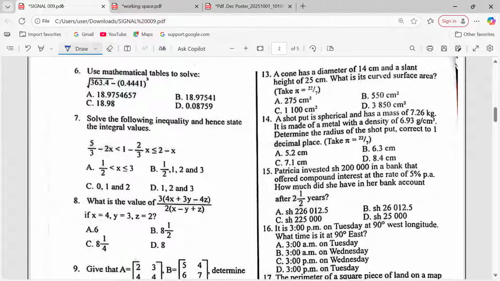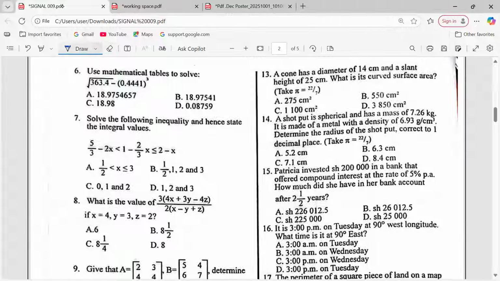So you shall allow me now to check something here on my gadget, so that I may check the 4-figure tables. I'll also be utilizing the working space here, so that we may have a very clear arrangement of work, and so that people may know exactly what is happening.